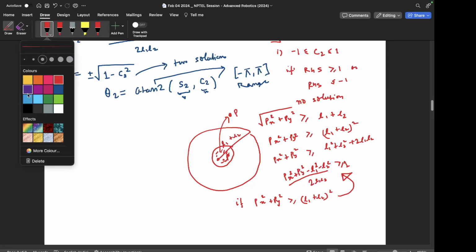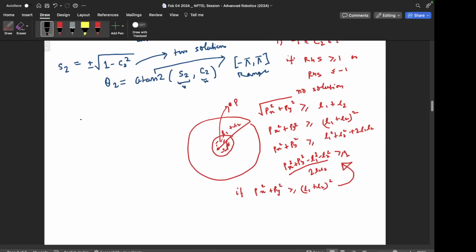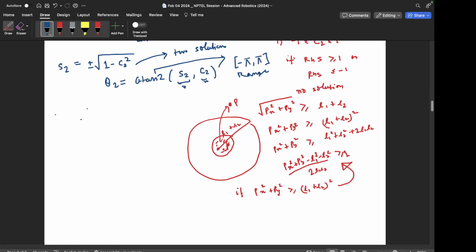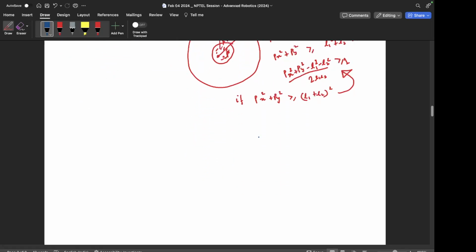Now getting back to our primary derivation, which is to derive the closed form expressions for the IK of the 2R manipulator. So we have the expression for theta 2, right? So let's continue with the second part, which is finding theta 1, right?